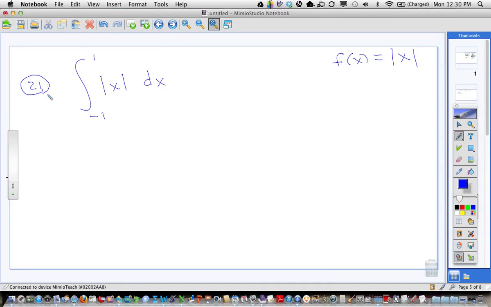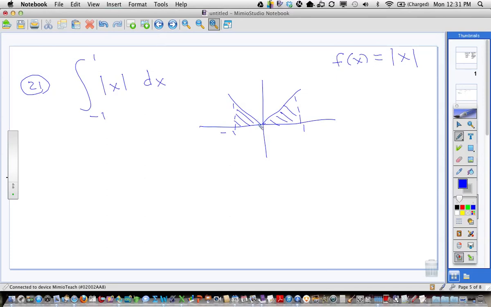Now, because like Sydney was just saying, we've done these a variety of different ways. As we've moved through chapter 5, we've learned additional things, and so we have multiple ways of doing these problems. So the first way we learned how to do a definite integral is straight geometry. If you graph it, from -1 to 1, you're just talking about the area of these two triangles, right?